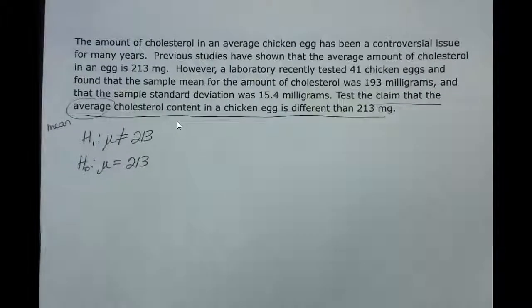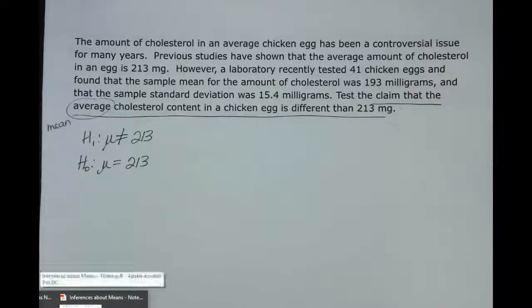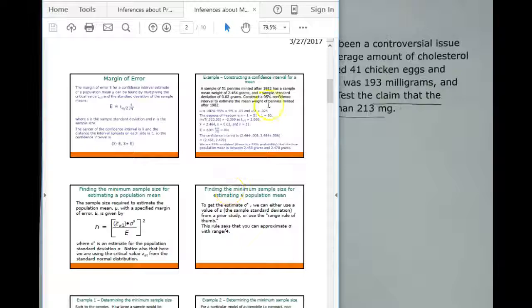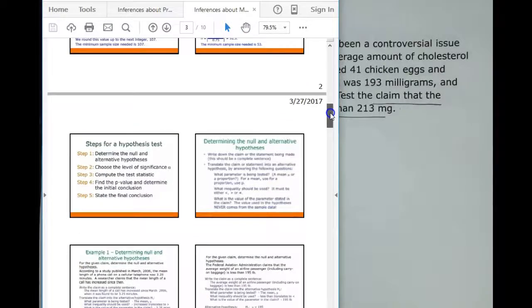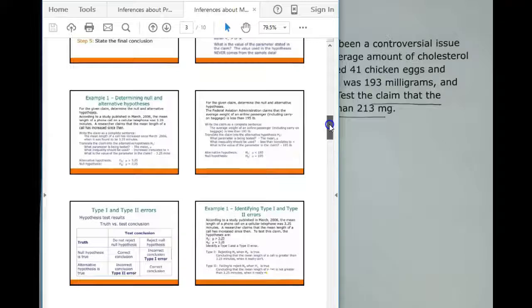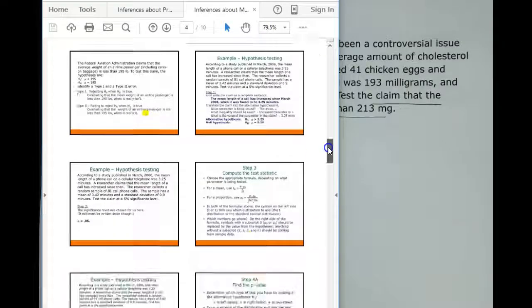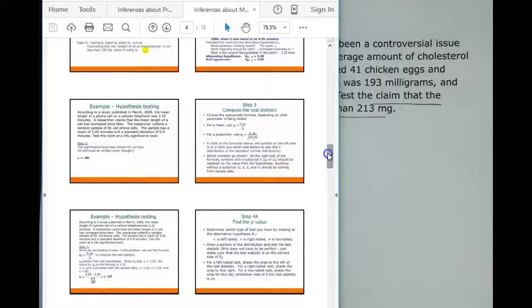Okay, then for our test statistic, we'd want to go back to our notes and go down to hypothesis tests for means and find where it has the test statistic formula. So here it is right here.